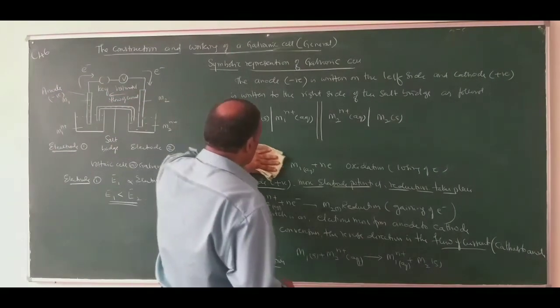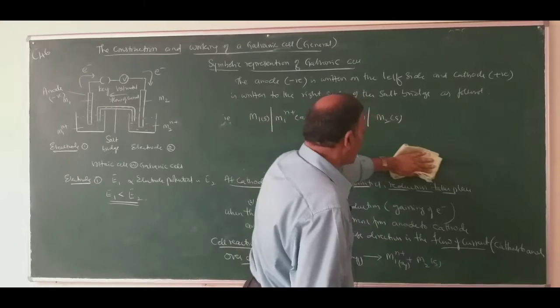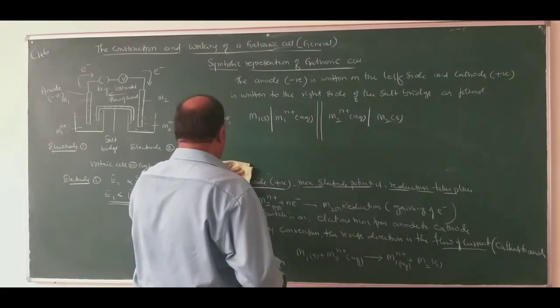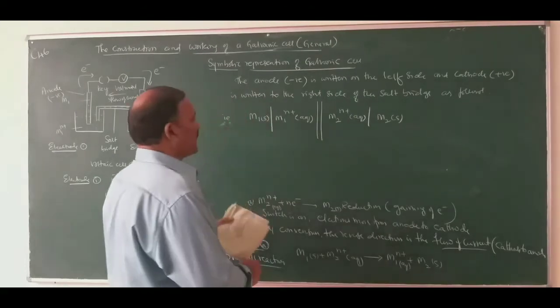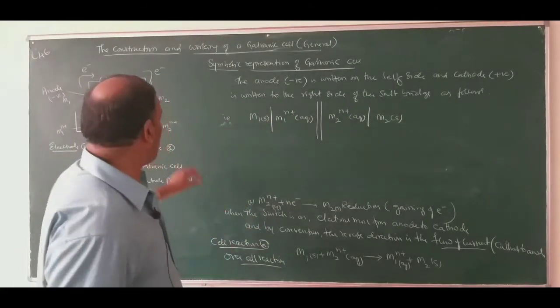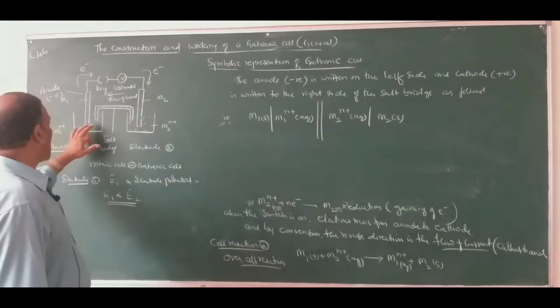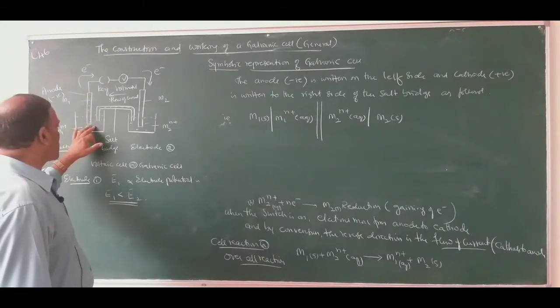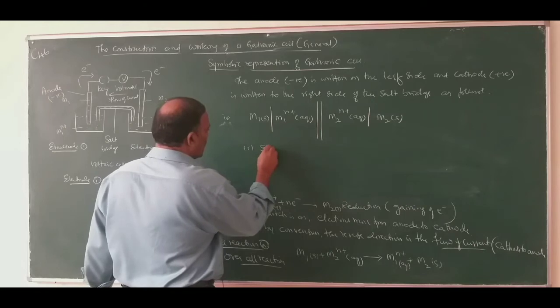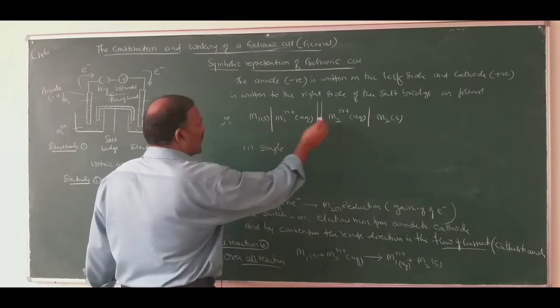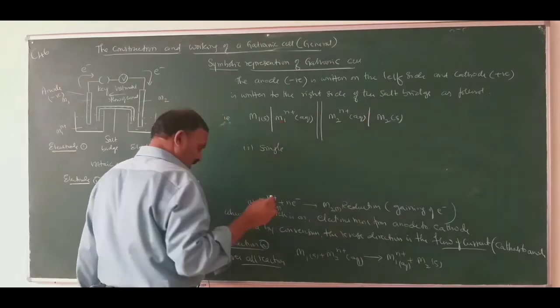Here, what does the single vertical line indicate and what do the double vertical lines indicate? The single vertical line indicates the interface between the metal and the solution of its ions. These are the single vertical lines.